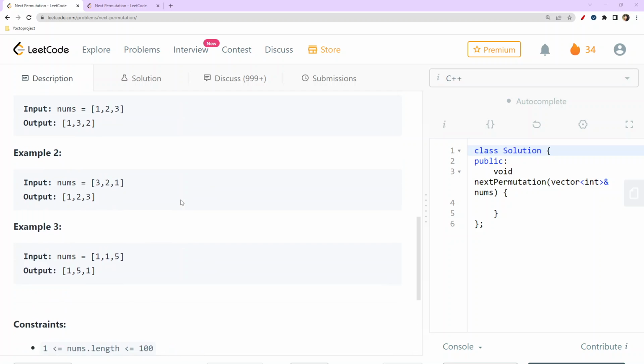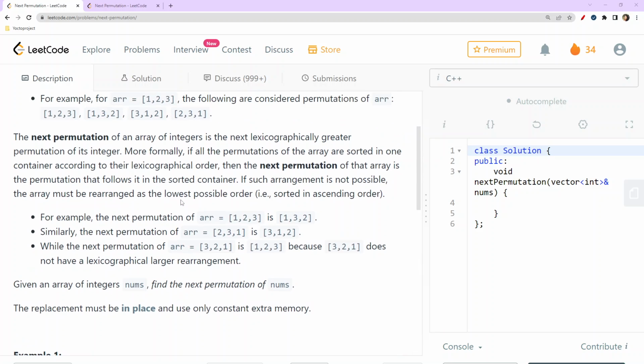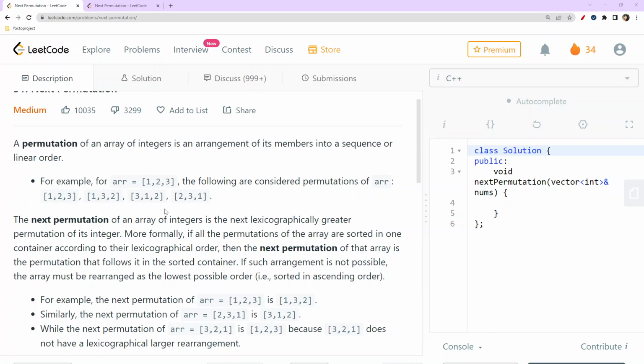But the thing here is that this particular question can be done on the basis of a mathematical algorithm given by one of the Indian mathematicians, and we could read that on Wikipedia also. We simply need to convert that mathematical algorithm into the coding part. That is the thing we would be doing today in this particular question.